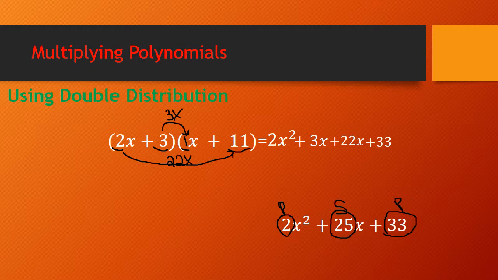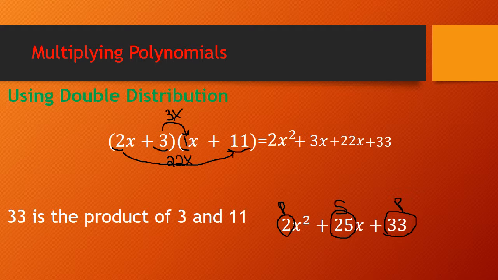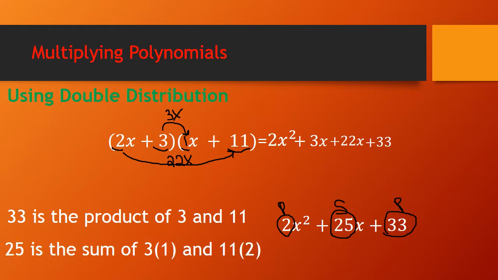So basically, this is what we know. 33 is the product of 3 and 11, which is the final number in the trinomial, the product of the final numbers in the binomials. 22 is the sum of the product of the inner numbers, 3 times 1, and the product of the outer numbers, 2 and 11.